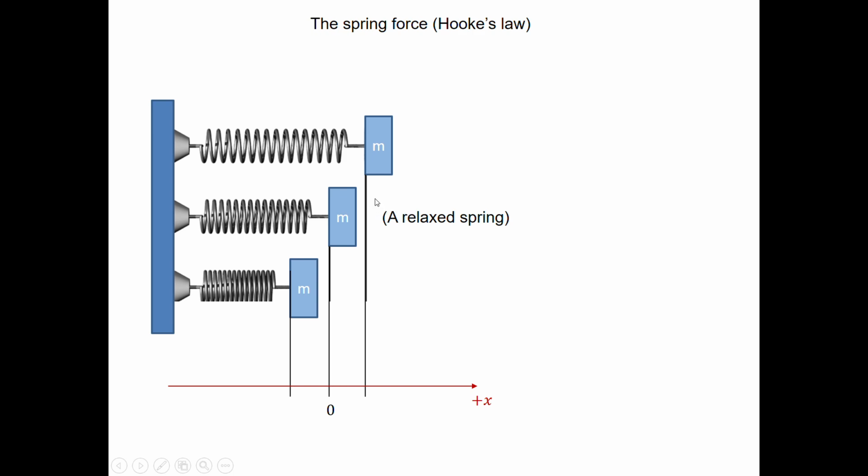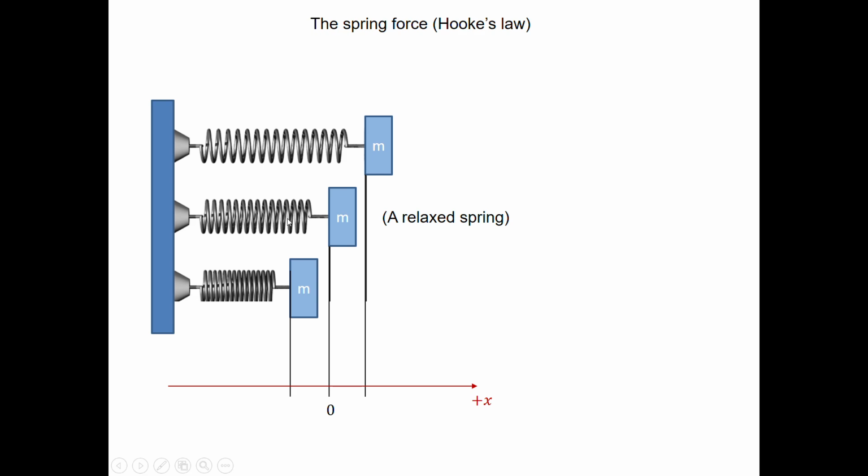When we have a relaxed spring, whatever we're using to measure positions of the mass, I've chosen the left edge of the mass, on our x-axis, by definition, that relaxed spring is going to have a position of the mass, or whatever it's connected to, of 0 on the x-axis. So the mass at x equals 0 means the spring force is not exerting any force whatsoever.